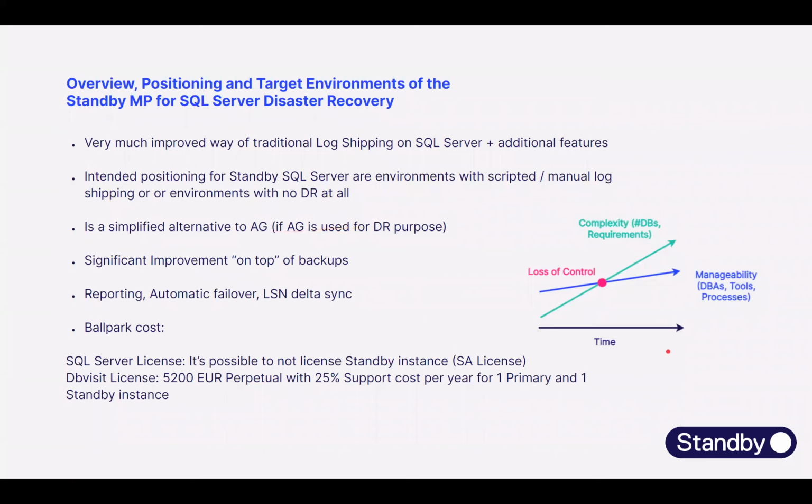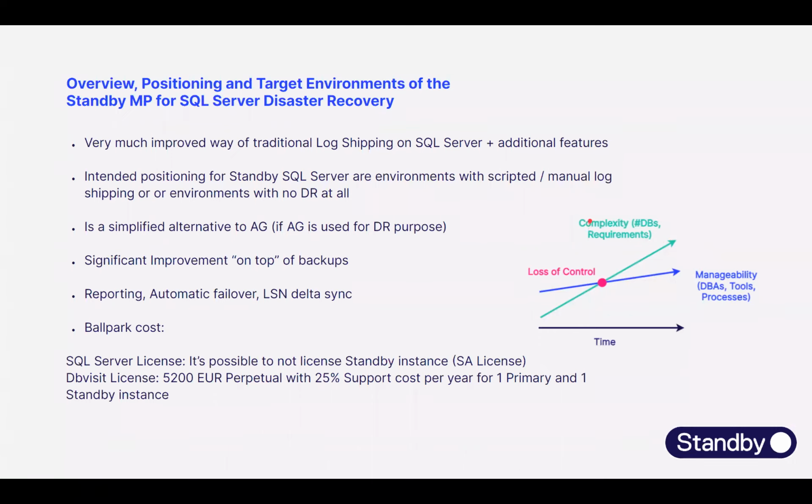I tried to make a little graph of how things work in normal database environments. You have a manageability line, and this manageability would be the number of DBAs, the tools you use, and also the processes you use. Typically this line is very flat, because you don't get a new DBA or a new tool every day.